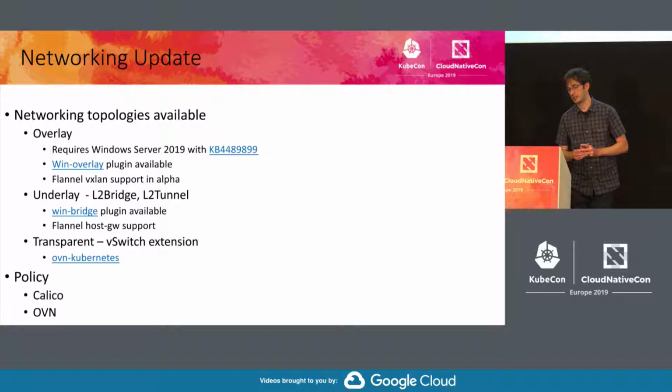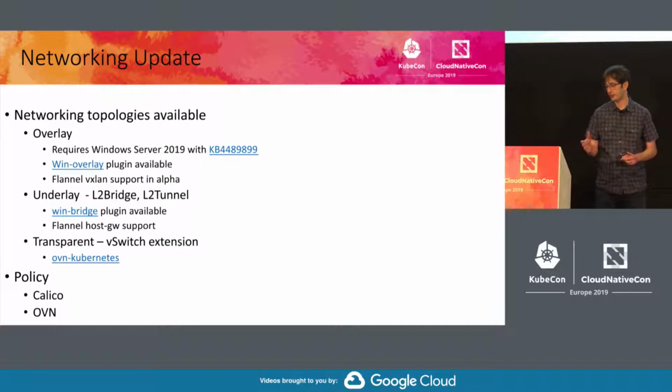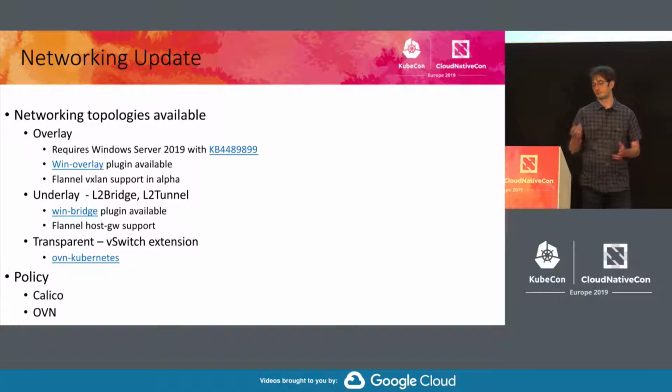And then the last one is, since probably 2012, I think, maybe earlier, Microsoft has had what's called a virtual switch extension that actually started in Hyper-V. But what it lets you do is completely replace the network stack. And so the Open Virtual Switch from the OpenStack project can actually be used instead.